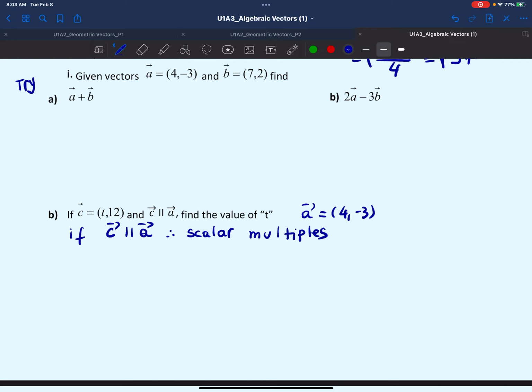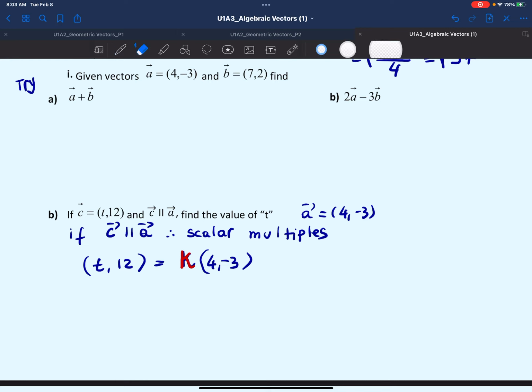Okay, so therefore we're going to say that t and 12 and 4 and negative 3 must be related to each other or connected by some coefficient here, k. So what that means is that we can say that t must be 4 times k.